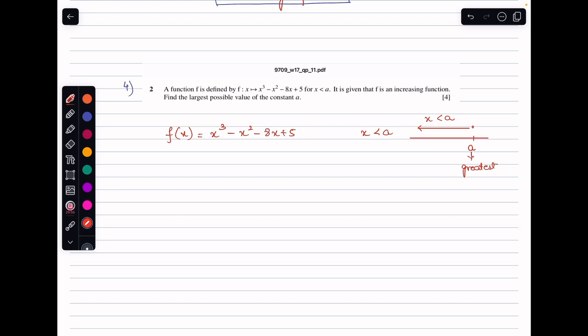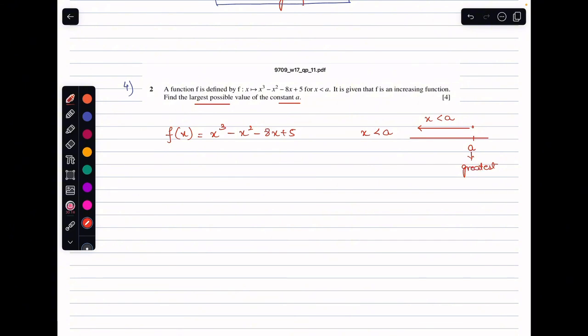It's always the greatest or largest possible value for this condition, and this is what the question is asking. Find the largest possible value of the constant a.